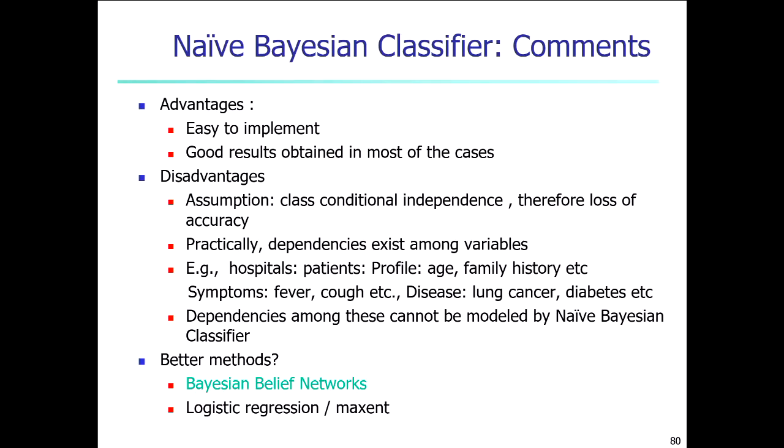For example, for a patient, some symptoms occur together, like fever and cough, or some diseases happen together or have very high correlation with each other. In this case, we cannot use a naive Bayes classifier to model such problems.